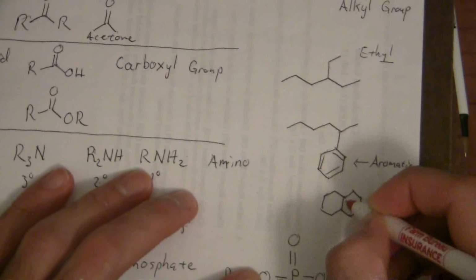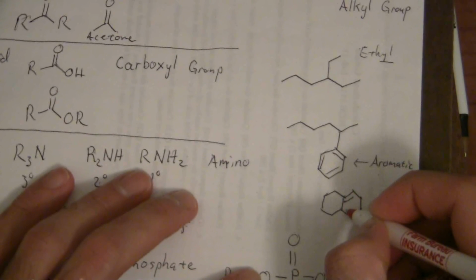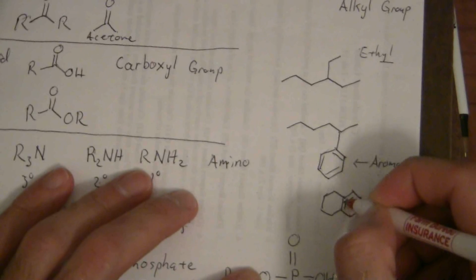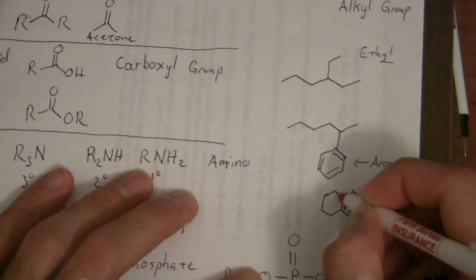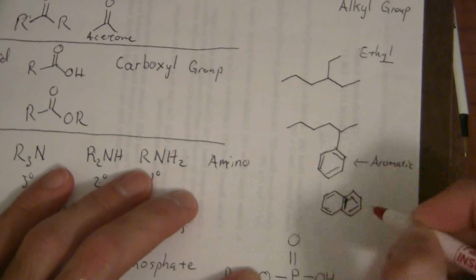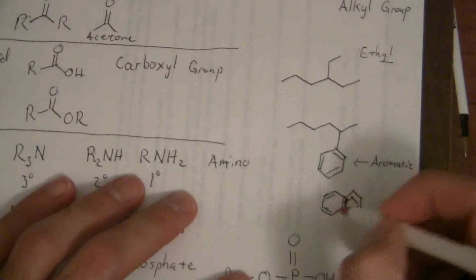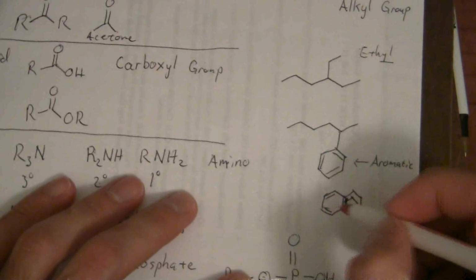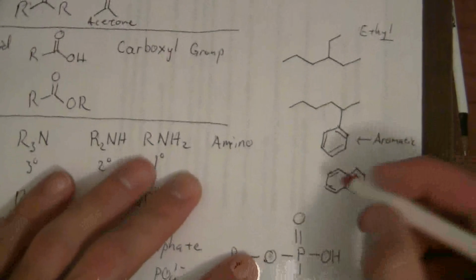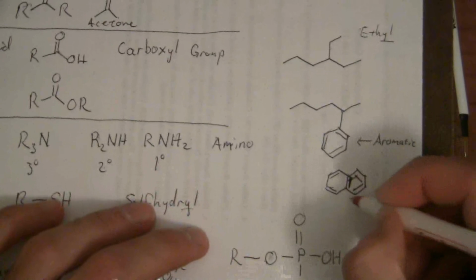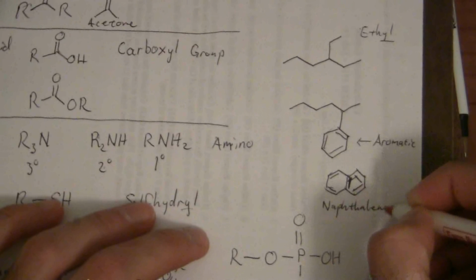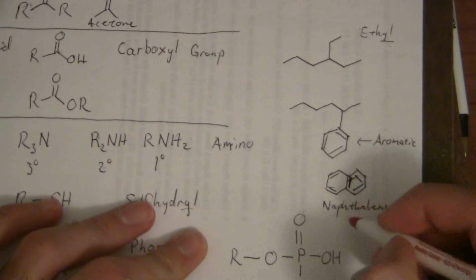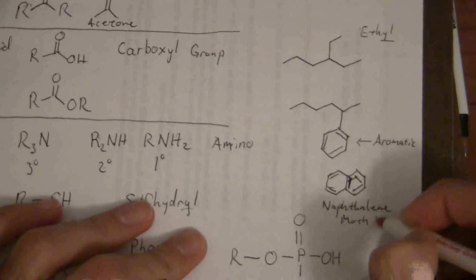They share a common, let me do this right here. There's a double bond there, there, and there. All right, and then here and there. Okay, so the same sort of thing. You've got the three double bonds for each of those. This compound is known as naphthalene, or by its common name, mothballs.